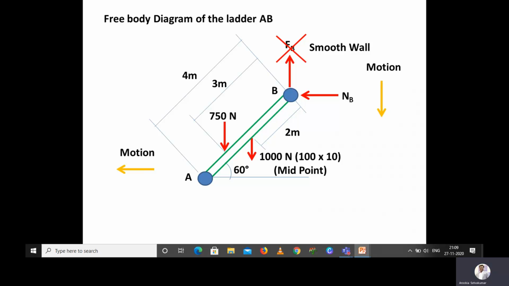When the ladder is sliding down, at point A the ladder will start sliding towards left. Because the ladder is moving towards left, the frictional force will be towards right. So it is FA. And apart from that, at point A, the ladder is in contact with the ground, so it will have a normal reaction. So this is the free body diagram of the ladder.